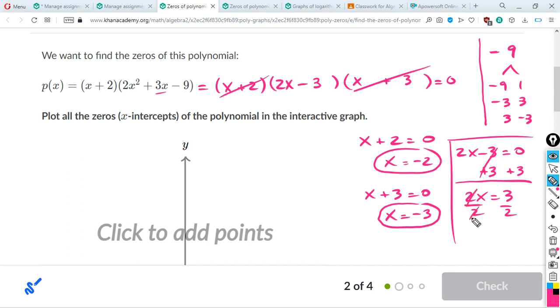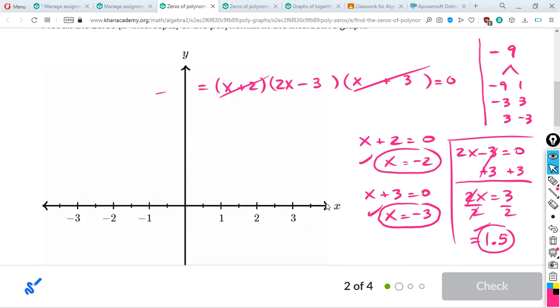Dividing both sides by 2, x equals 3 halves, or 1.5, right? So we need to plot those 3 points. Negative 2, negative 3, and 1.5. So go to your x-axis, negative 2, negative 3, and 1.5.